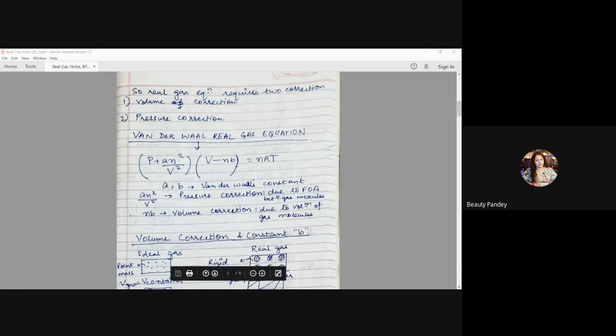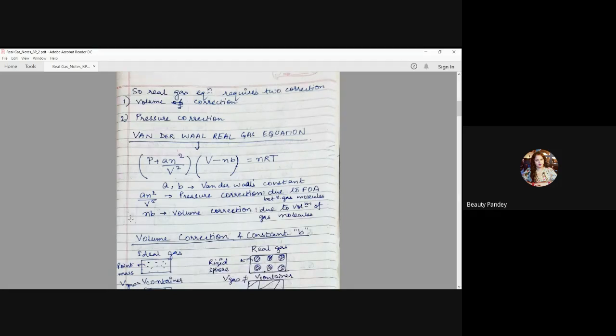Also, always remember that the pressure correction and volume correction terms are very small terms, they have a very small value. So this is what we studied till yesterday.